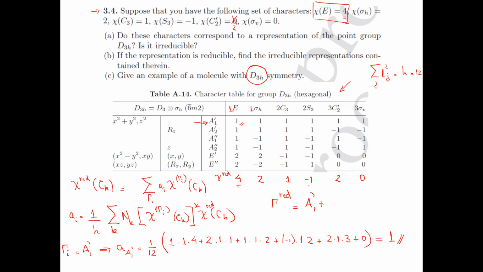So I could do the same calculation for all the different representations and then find out this decomposition, right? Okay, this is a straightforward way to do this, but in many cases, if you look very carefully at the character table with some experience, you'll be able to guess what are the decompositions that you need.